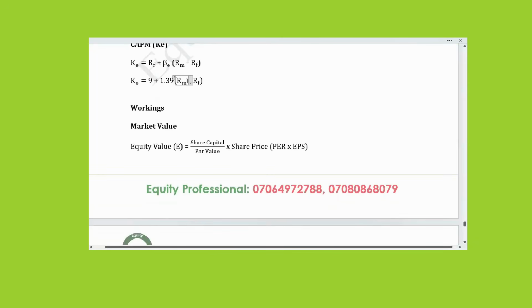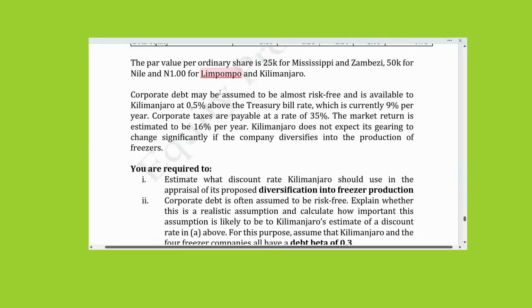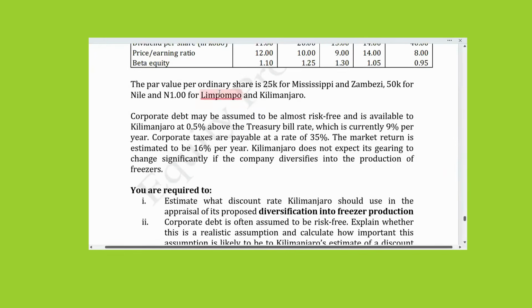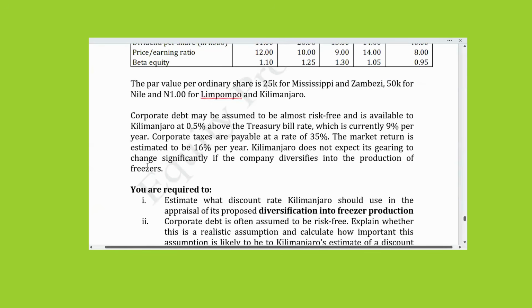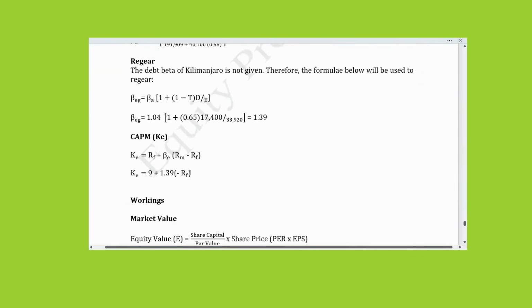Then market return, according to the question, market return is what? 16%. The market return is estimated to be 16% per year. So here will be 16 minus the risk-free rate of return of 9, minus 9.